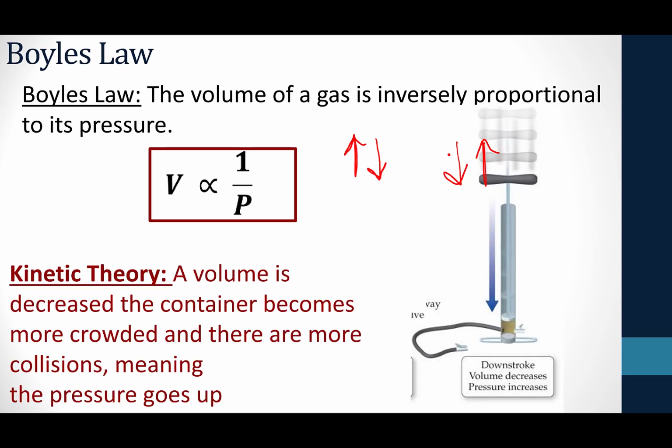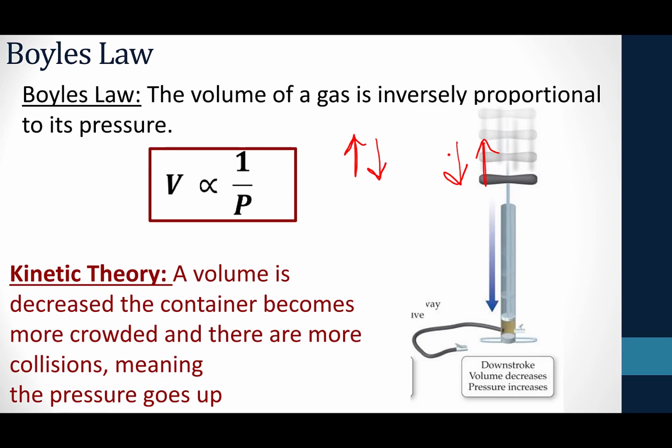So why? Remember I said I like to put the kinetic molecular theory towards the beginning of the chapter because I like to refer back to it. Here's where the kinetic molecular theory is helpful to explain what's going on. We're chemists, we want to know what the particles are doing.